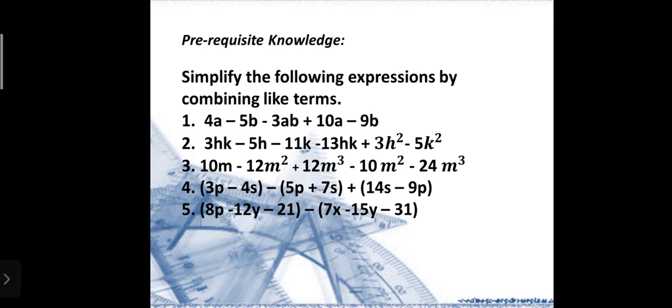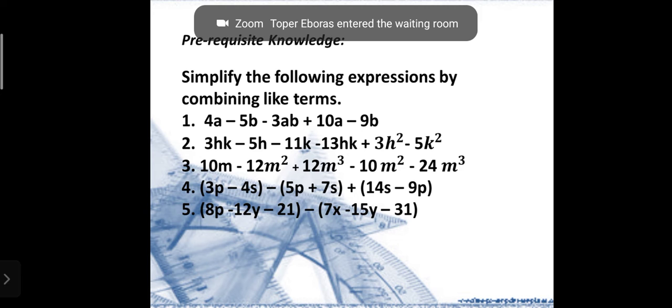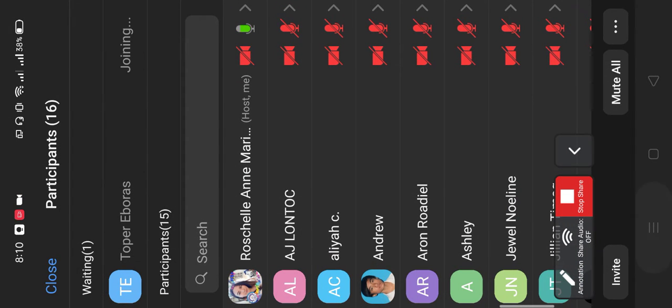So, we have 4a minus 5b minus 3ab plus 10a minus 9b. Alin dyan ang like terms? So, pagsasamahin natin yung like terms, kailangan pareho siya ng variable. Yung mga number, that is the coefficient. Yung mga letters naman na kasama nila, yun po yung variable.